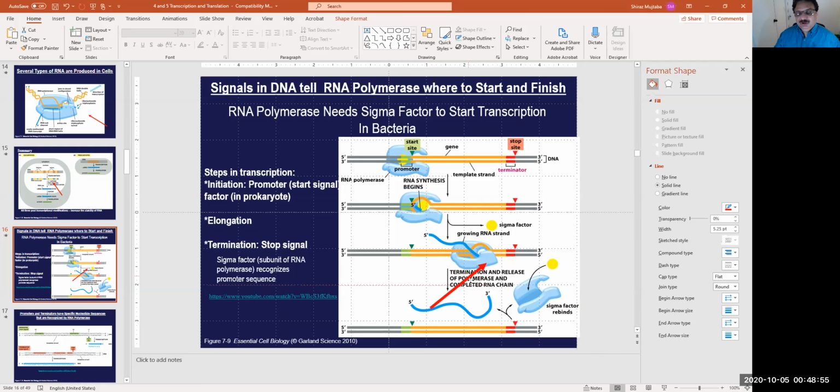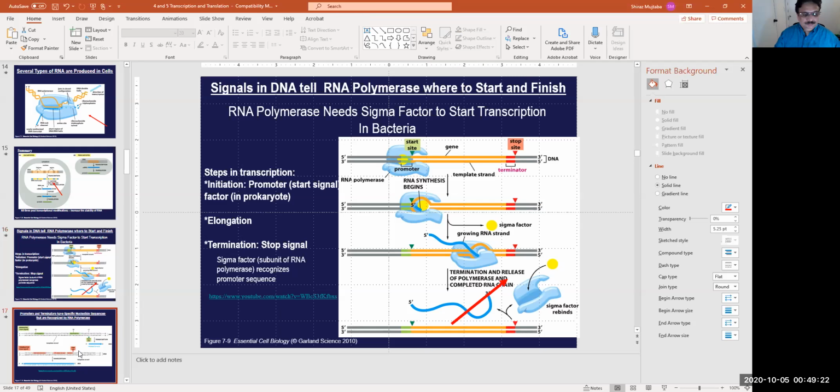After that, when there's a stop signal at which transcription has to stop, that stop signal is called the terminator, right? So at the terminator site, the transcription process finishes, and RNA polymerase and everything comes out of the transcription machinery. Right?